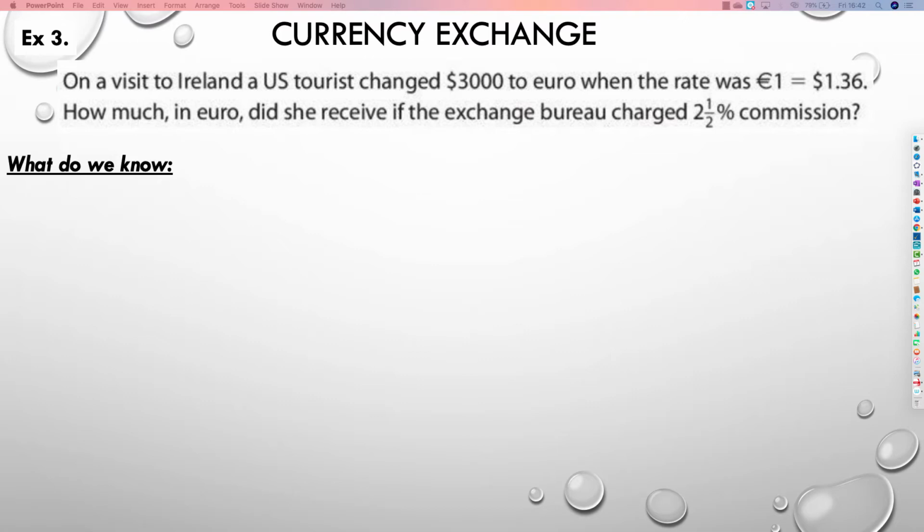So, that is how much euro $3,000 is worth, yeah? But they charge a commission. So when you change money, they charge you a percentage to do it. So how am I going to work out how much she got charged?